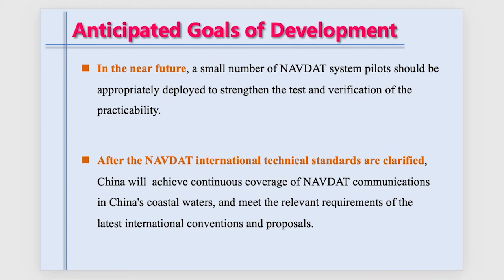After the NAVDAT international technical standards are clarified, China will achieve continuous coverage of NAVDAT communication in China's coastal waters and meet the relevant requirements of the latest international conventions and proposals.